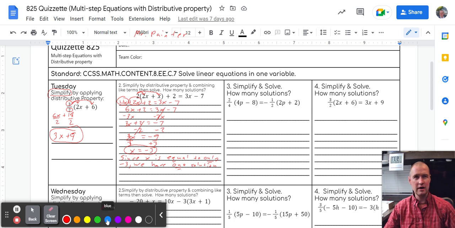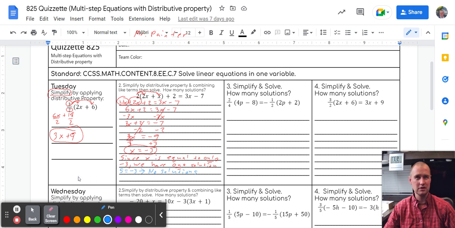Let's do 2 examples. Let's say we have 5 equals negative 3. Let's say you come up with that. I'm going to draw a little arrow. If you get a number not equal to another number, we're going to have something called no solutions. And we're just writing this as notes for, again, Tuesday, Wednesday, and Thursday.